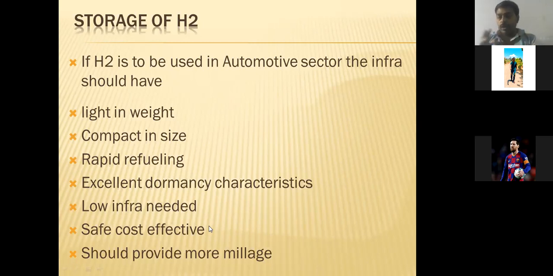Now, important questions. Hydrogen is in a gaseous state, and it is highly flammable. That was one of the biggest problems. If it leaks, there is a lot of chance of a big blast, so we need to take too much care.